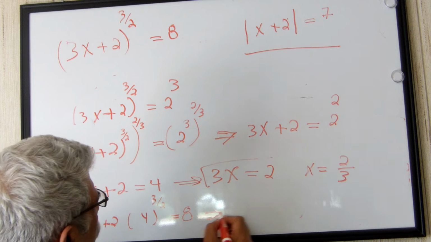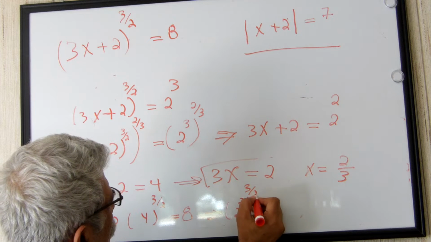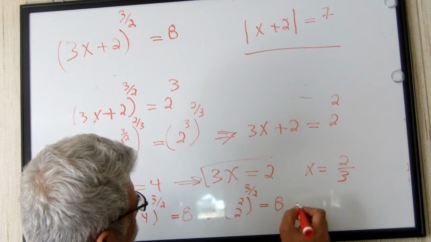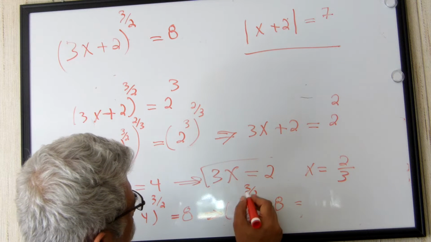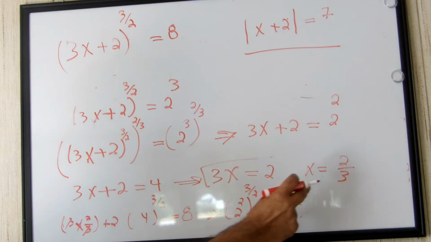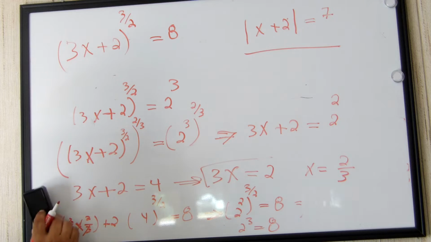We can write 4 as 2 to the power of 2. Then 2 times 3/2 cancels out, and 2 to the power of 3 is equal to 8. So we find that the value for x is correct when we put it in the original equation.